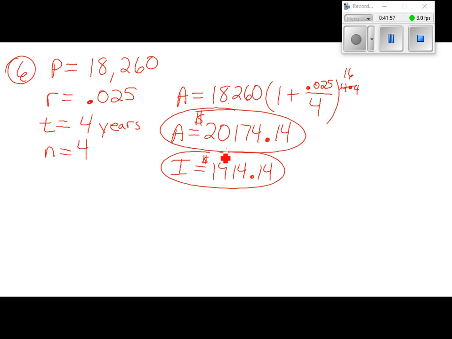Let's do this. Instead of 0.025, let's do that 8% that we were doing at the very beginning. If you could find an account that would draw 8% interest, that's gonna change this number right here to 0.08. Type all of this in now.